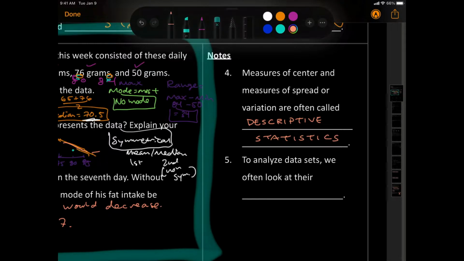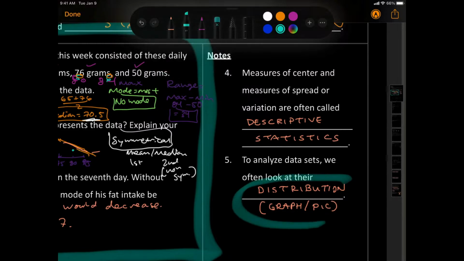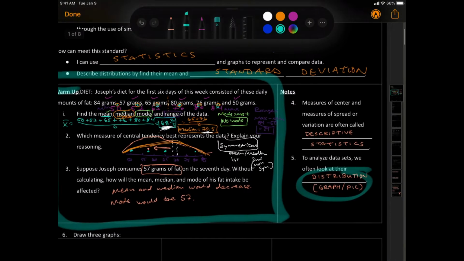To analyze data sets, we often look at their distribution. Another word for distribution is just the graph or the picture. So let me show you what that would look like.